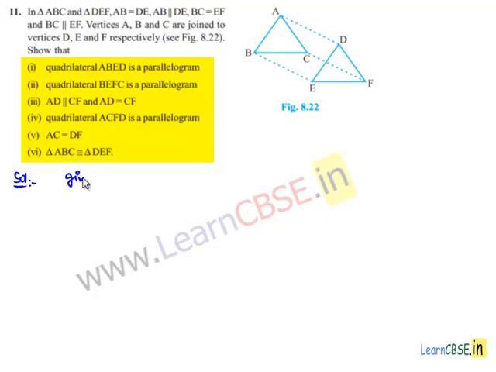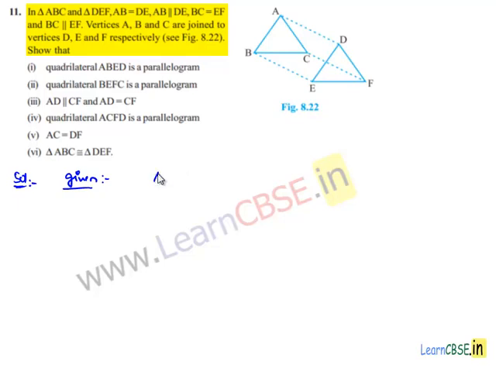It is given that AB is equal to DE as well as AB is parallel to DE, and BC is parallel to EF, and also BC is equal to EF.